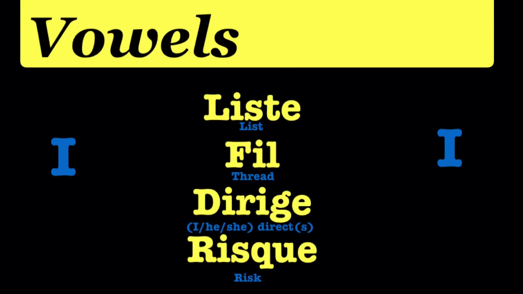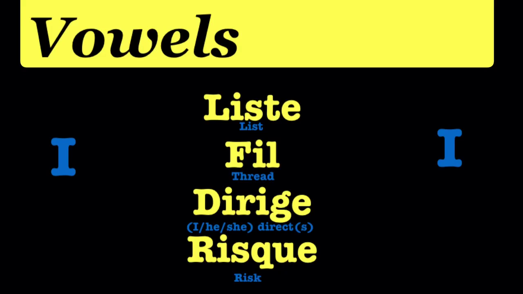Now let's take a look at the letter I in its purest state. Now this is a little more straightforward than the letter E. For the most part, when it's the only vowel in a syllable, I is pronounced E. So this sounds a bit like our double E in English, but again, the sound is more pure in French. It doesn't have any extra sounds involved like y or w, and isn't pronounced I or like the letter I sometimes is in English.